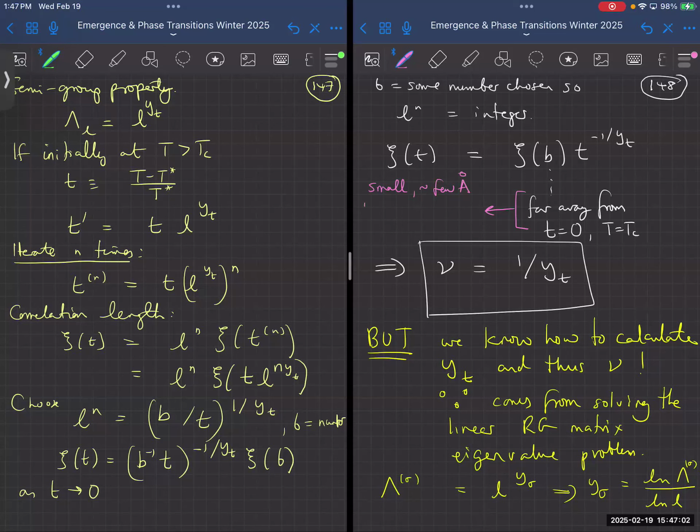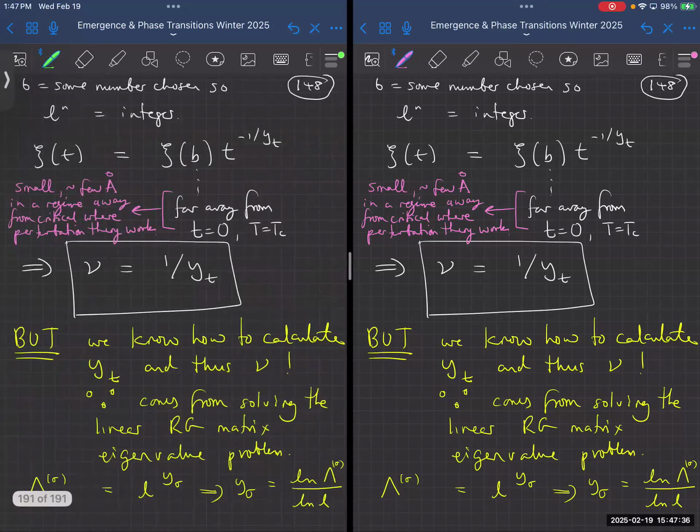And it's going to be in a regime away from critical, but perturbation theory works. So I can just do any calculation I want, and that's how we can calculate everything.